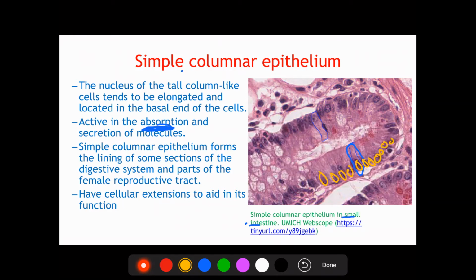And you can see all of them are located toward the bottom of the cell to allow food, this is the food, to come into the cell. We don't need the nuclei to be here. No advantage of it being here. Okay, so this is the simple columnar. Again, in very few cases, you might find another cell or so beneath them, and that would be stratified columnar.